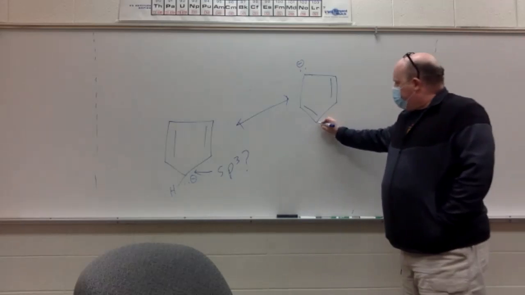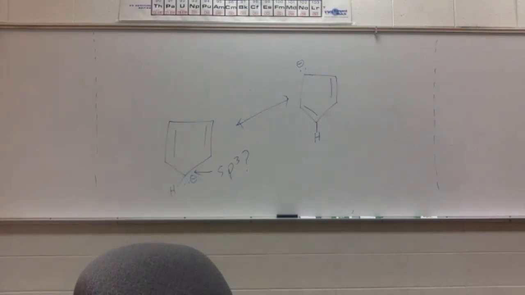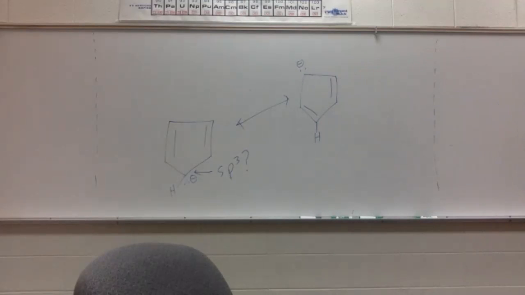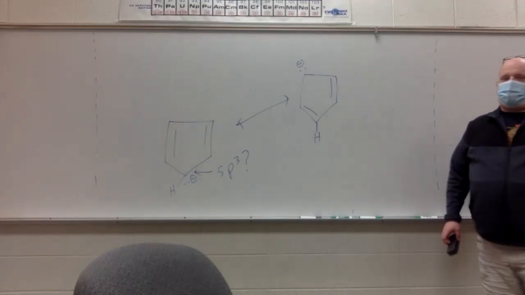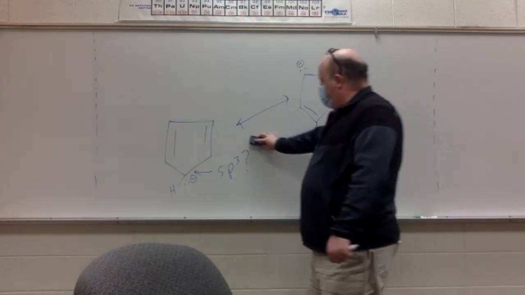In this position, that carbon only has 3 groups, so it's sp2. So we would say that carbon has partial what? What catchy little phrase did I use the other day? Partial double bond character.